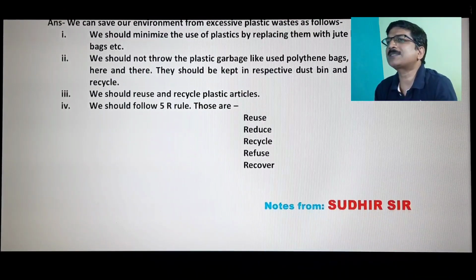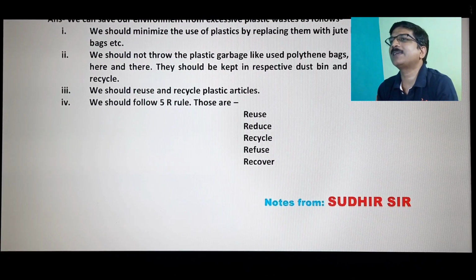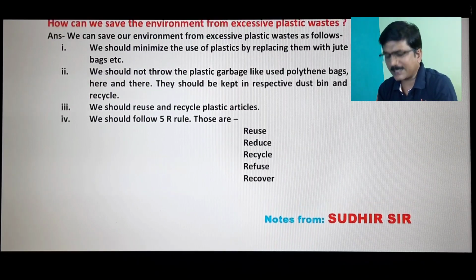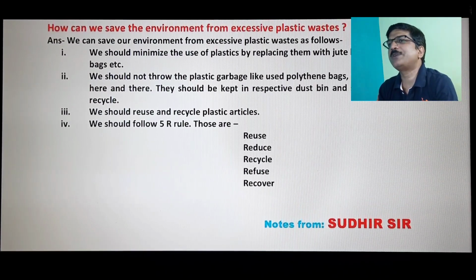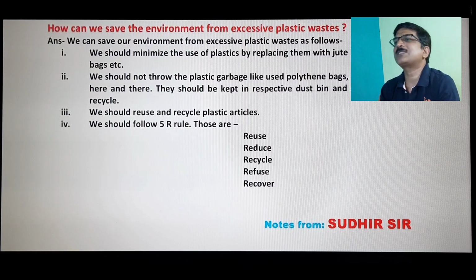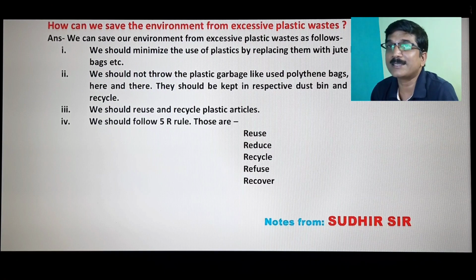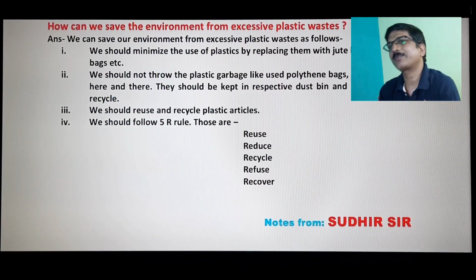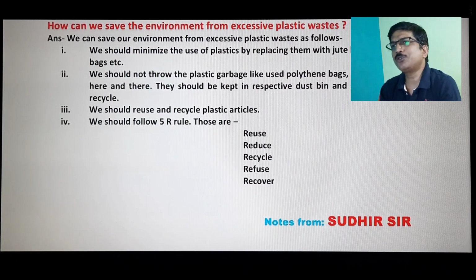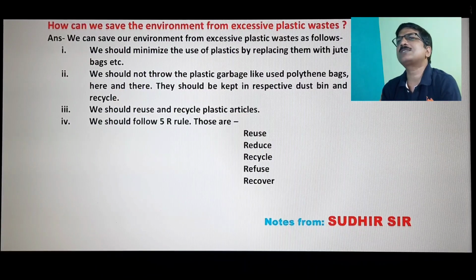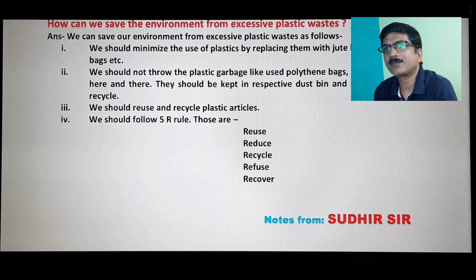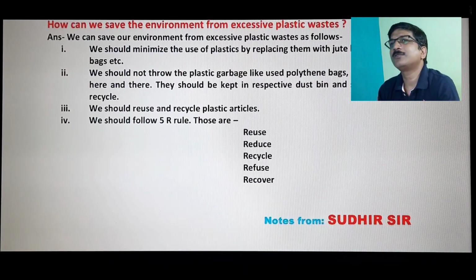We should not throw plastic garbage like used polythene bags, wrappers, broken toys here and there. They should be kept in their respective dustbins so that they can be supplied for the recycling process. We should reuse and recycle these plastics. So there are 5R rules.